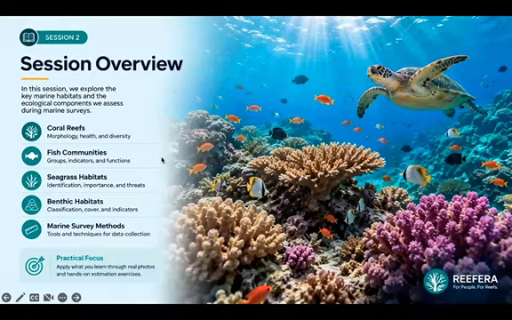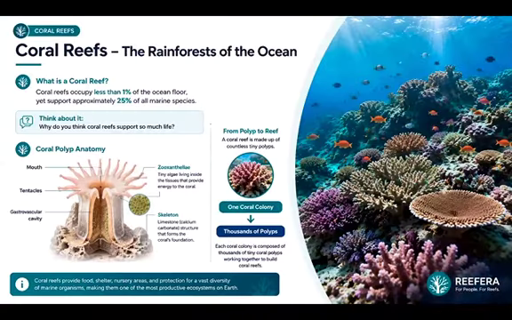Okay. So yeah, in this region we should speak about coral reef, so should we do that? And next we'll speak about fish community, seagrass habitat, benthic, and we already spoke about marine survey method last time. Here I'm showing you what is the unit, the main component of this coral reef that we see.